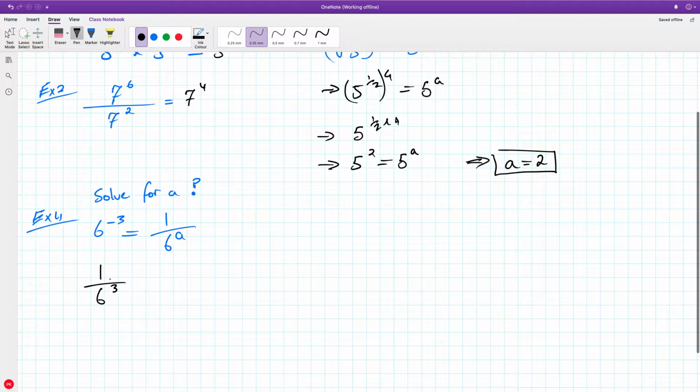Because when you bring a power down underneath the line, you change the sign, is equal to 1 over 6 to the power of A, so A is equal to 3. Alright? Right, these are too easy, let's make these harder.